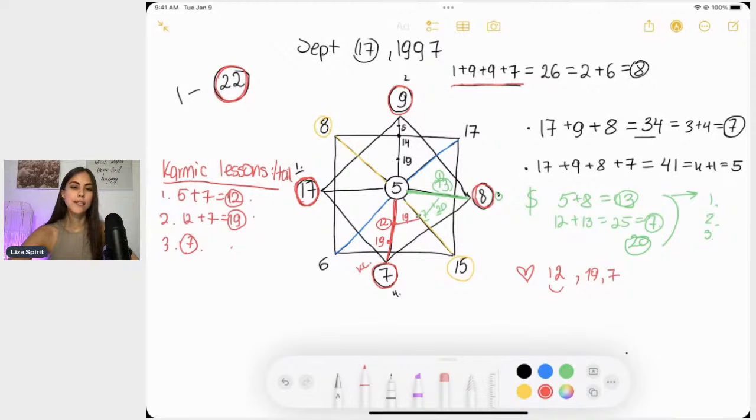Let's say we can start with number 12. Here we don't really have top three as we have in our money line. But in general, it's important that the person you are dating or the person you're with has all these energies. It also comes to values, right?